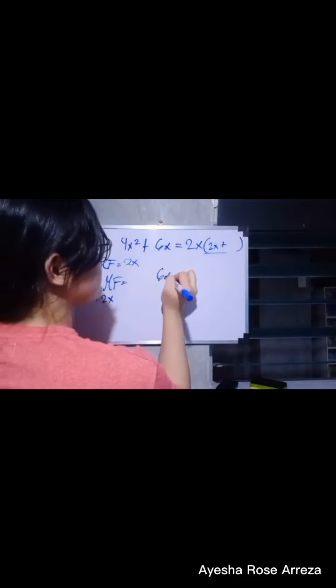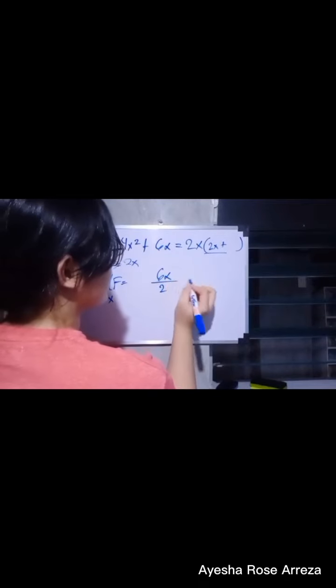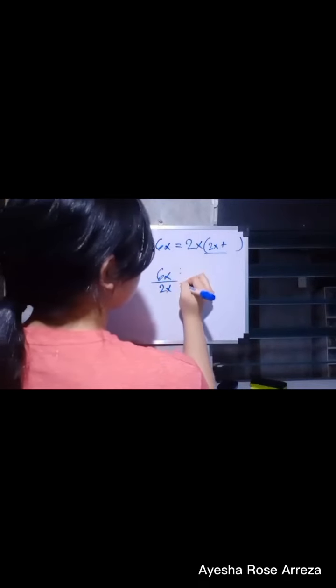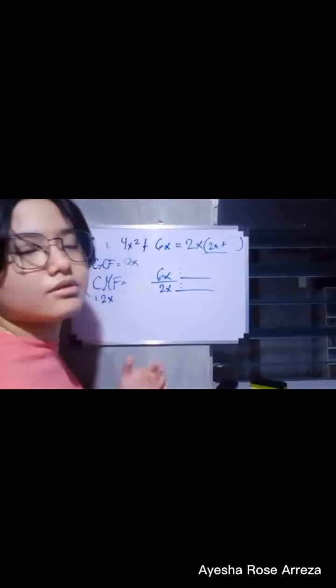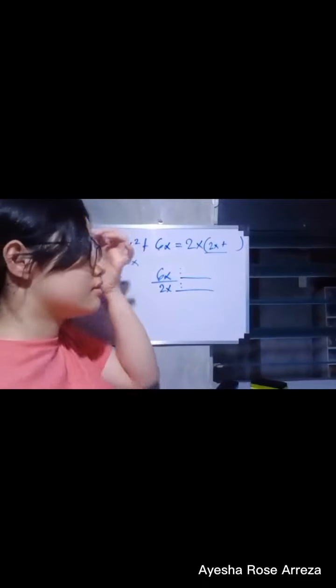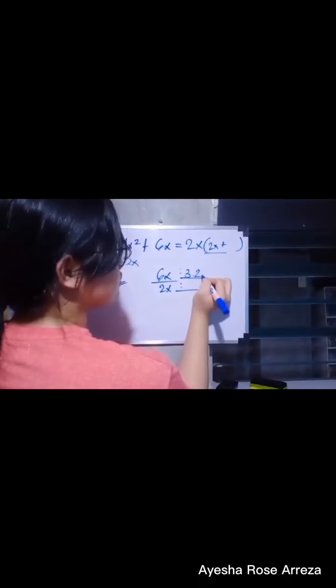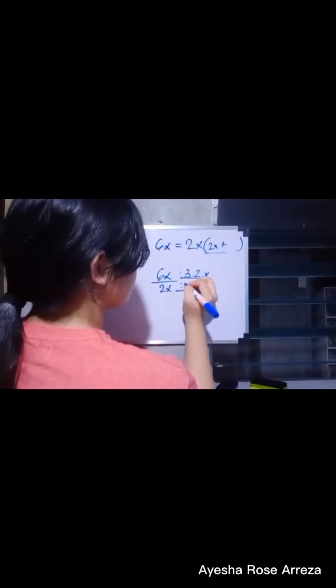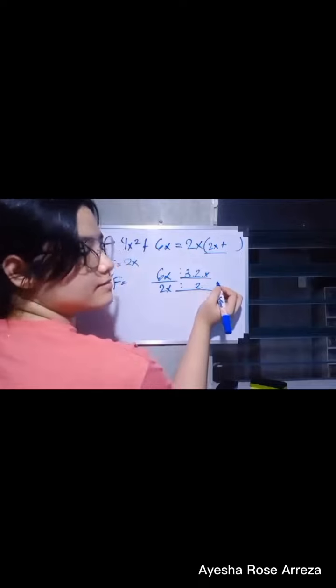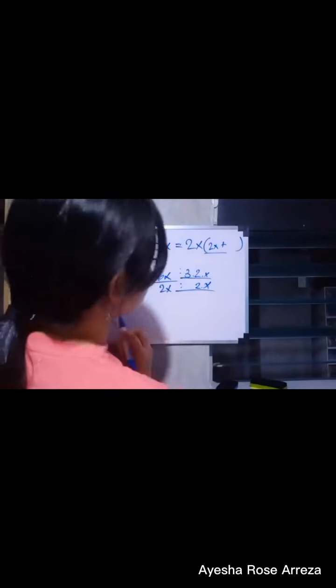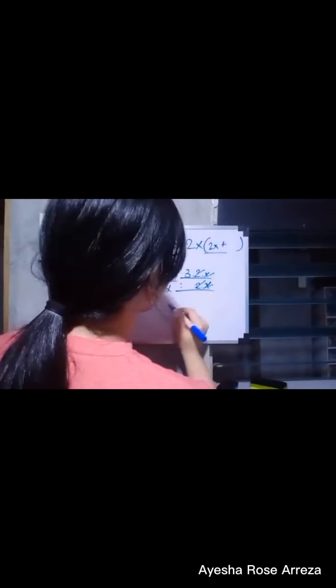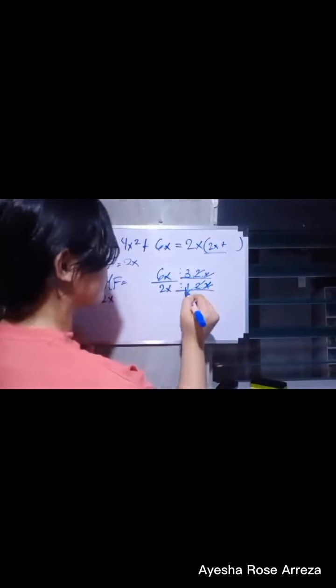So 6x divided by 2x. We'll be doing canceling again. So 3 times 2 times x, then 2x again. Cancel. Bring down 3.